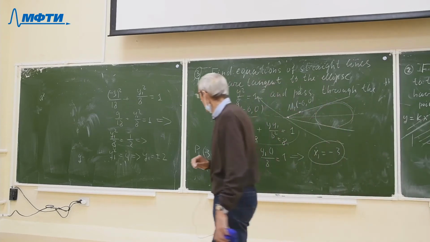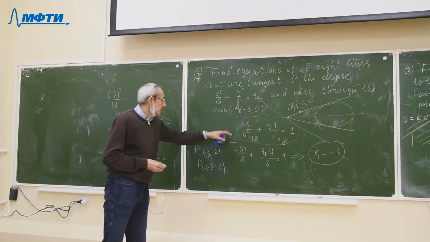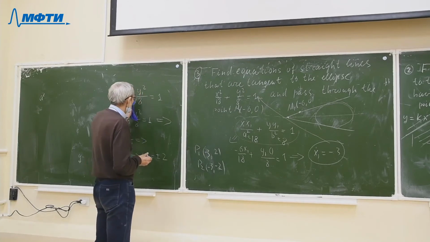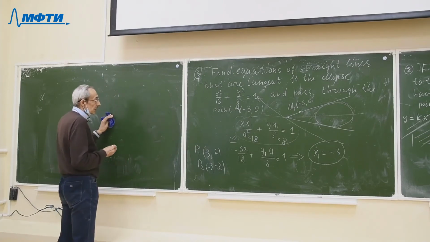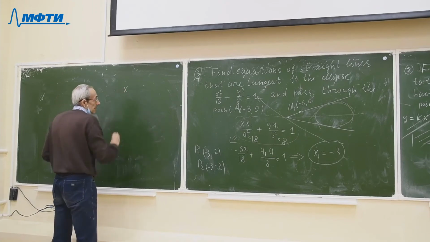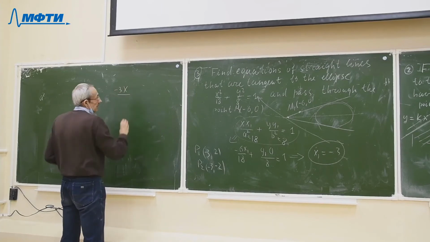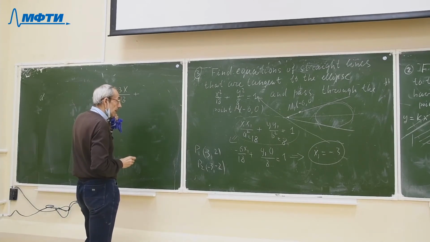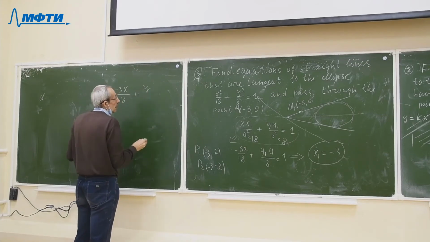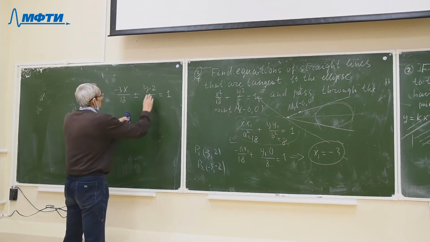And we can exactly calculate the equation for these tangent straight lines, and we have the following equation: x times (-3) divided by 18 plus y times (plus or minus 2) divided by 8 is equal to 1.